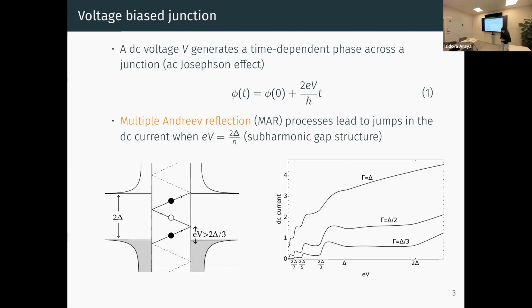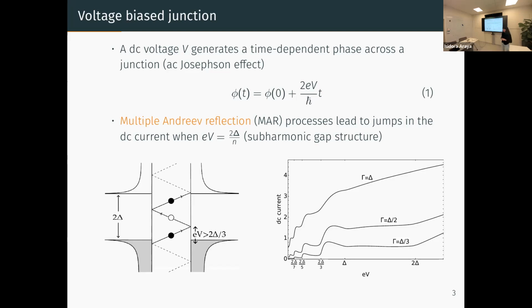And as you know, when we have a voltage biased junction, we have the AC Josephson effect, because the phase evolves with time, and so we have an AC supercurrent, but we also have a dissipative DC quasi-particle current, which is the plot on the right, and this is caused by multiple Andreev reflections.